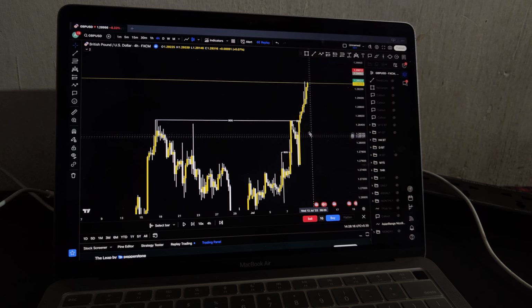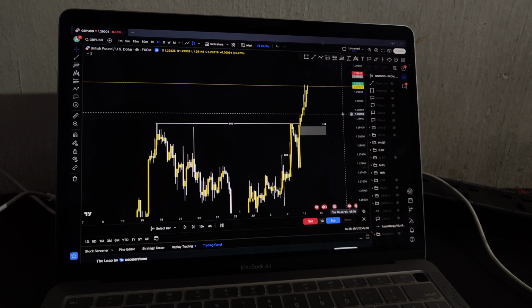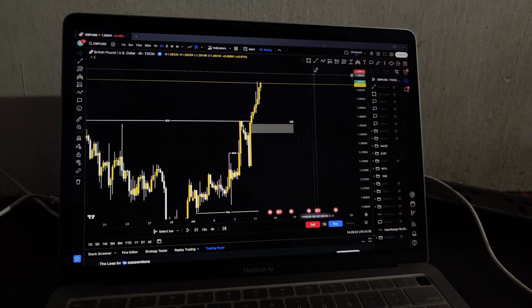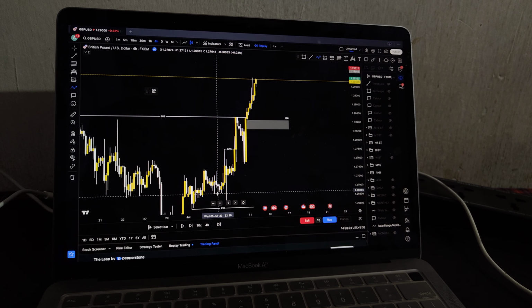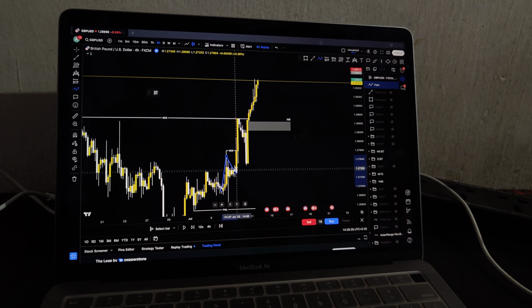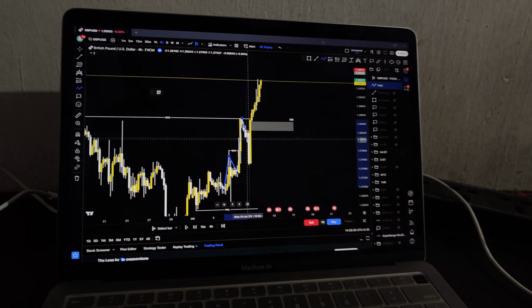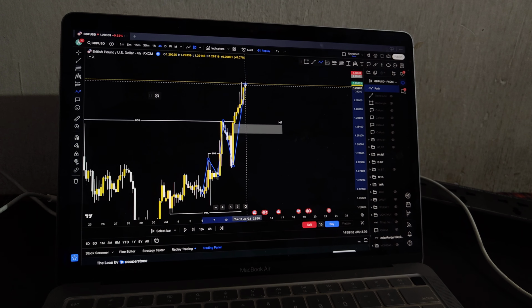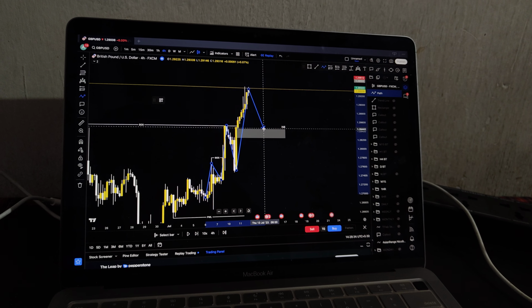If I open my H4 analysis, you can see there's a fair value gap here, fair value gap just below. And also we know that when the price is bullish, it makes higher highs and higher lows. It was making higher highs, higher lows, higher highs, higher lows, higher highs. So after higher highs, we can anticipate a higher low.